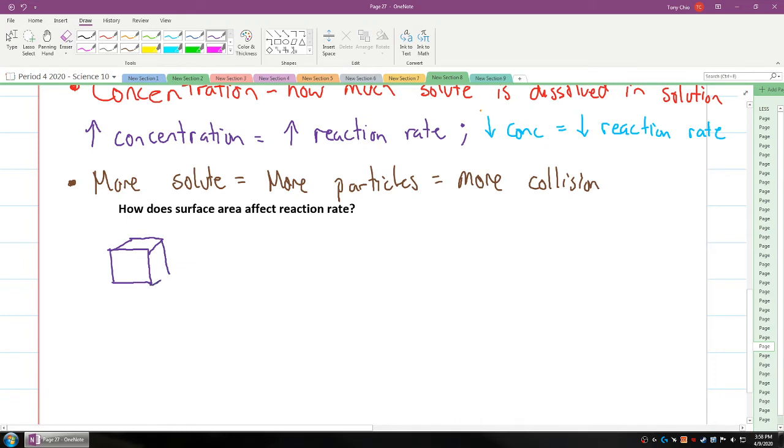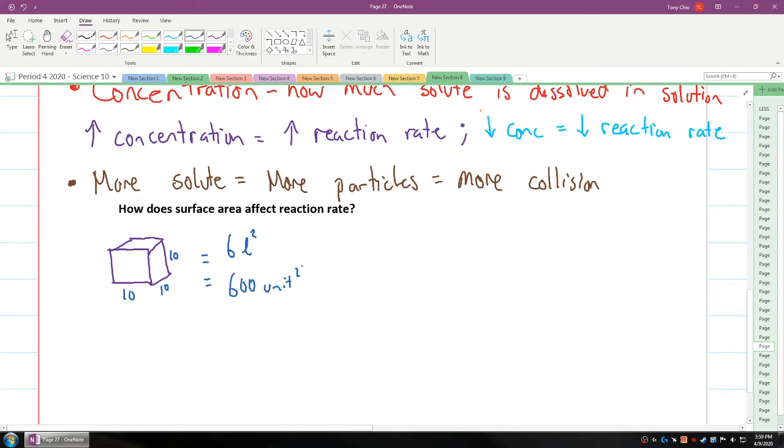Let's say that this cube is measured as 10 by 10 by 10. If you remember what the surface area of a cube is, it is 6 length squared. You will get a surface area of 600 units squared.